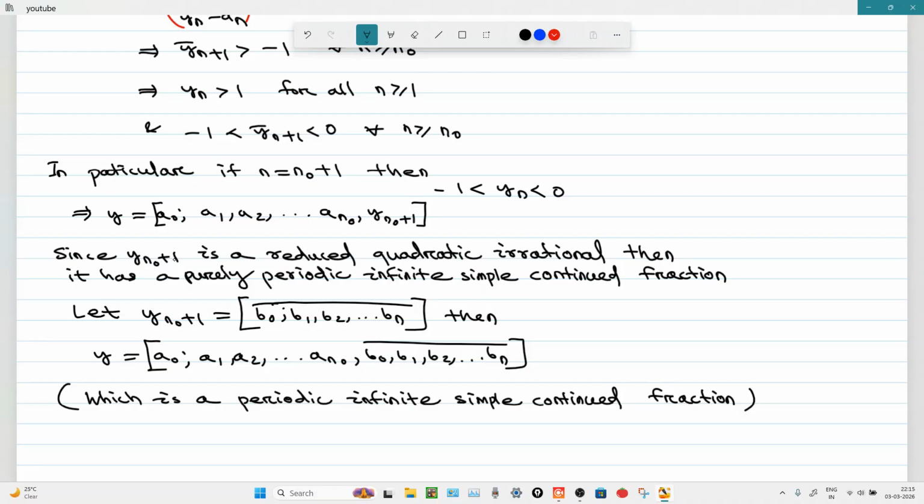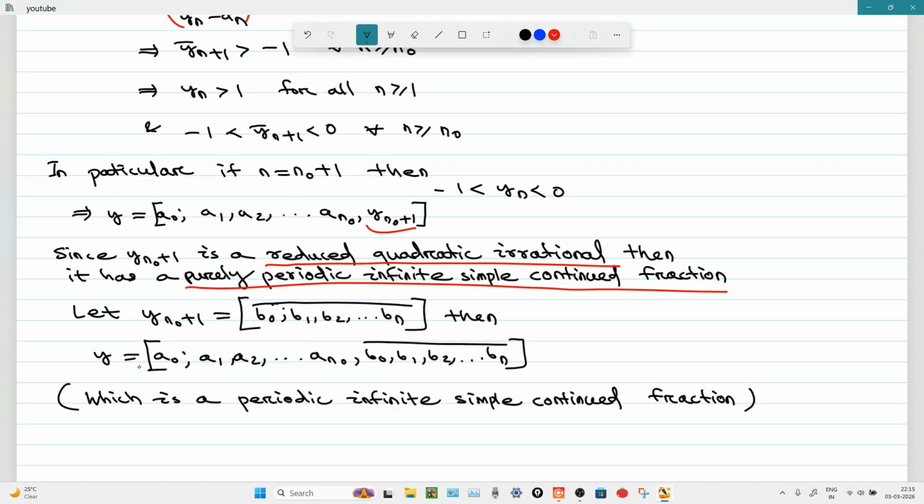Since y(n0 plus 1) is a reduced quadratic irrational, it has a purely periodic infinite simple continued fraction. Let y(n0 plus 1) equal b0, b1, b2, ..., bn bar.